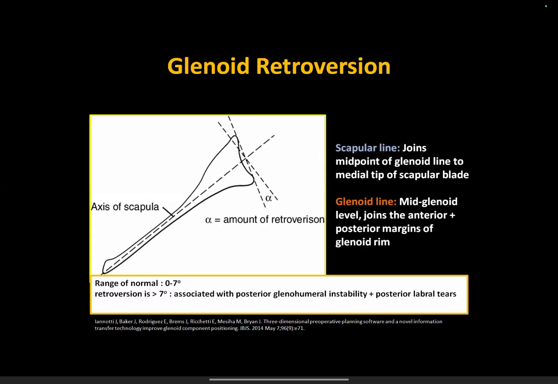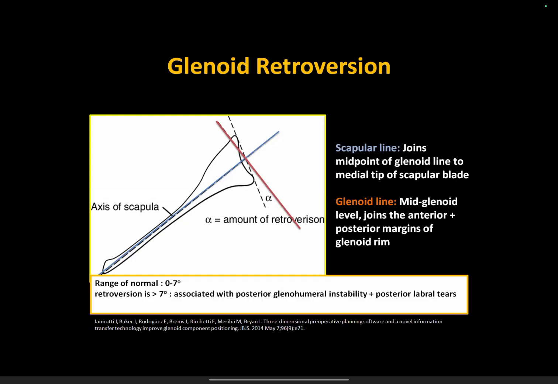In order for us to diagnose that, we need to measure the glenoid retroversion. We do that on axial CT scan. You draw a line that goes through the middle of the glenoid into the medial tip of the scapular blade, which we call the scapular line.